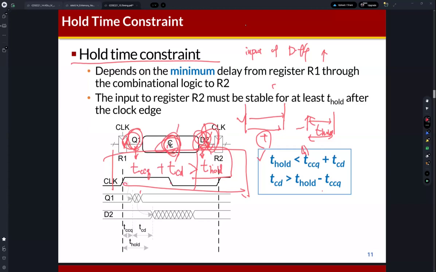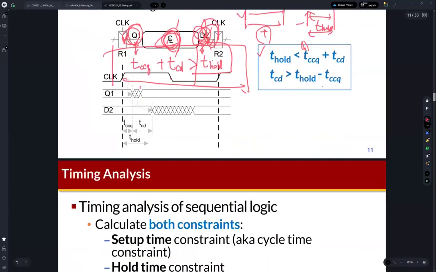If the hold time constraints are violated, then the system can work incorrectly. So in order to meet the hold time constraint, we need to increase the delay of the combinational logic. Okay, so I will show an example.